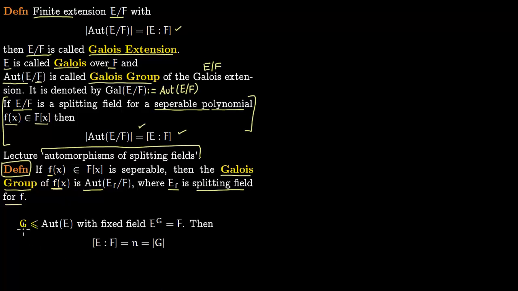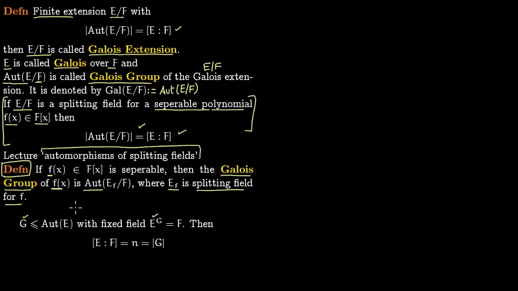In the lecture on order of subgroup equals degree of extension, we showed this. G is a subgroup of automorphisms of E, and corresponding to G we have a fixed field E superscript G. If you denote E superscript G by F, then the degree of extension is equal to the order of the subgroup here.